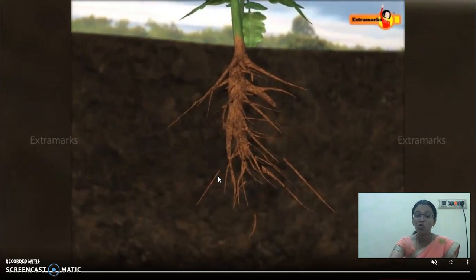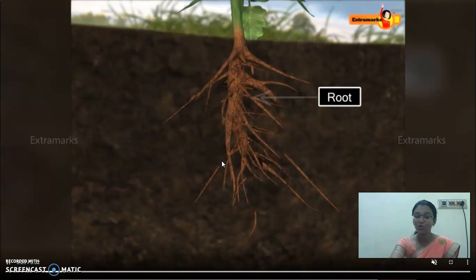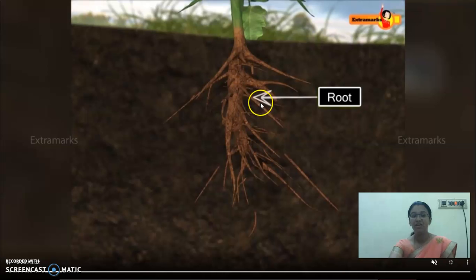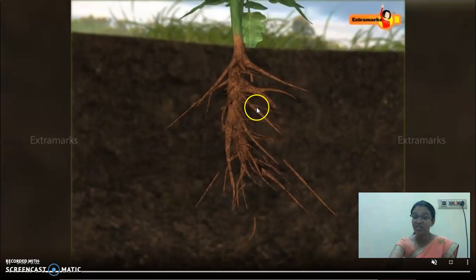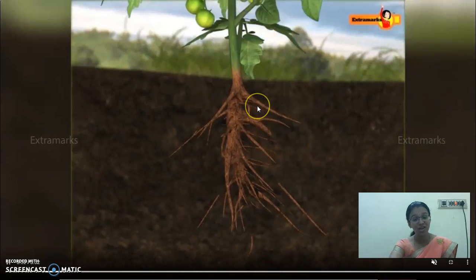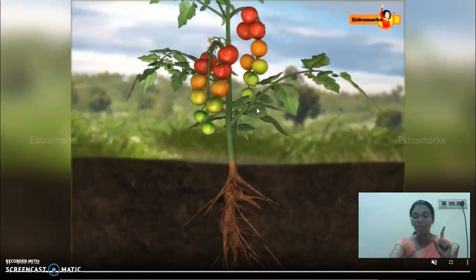The roots also help in absorbing water and minerals from the soil. The roots have root hairs, which are responsible for absorbing water and minerals. That is the first main part.